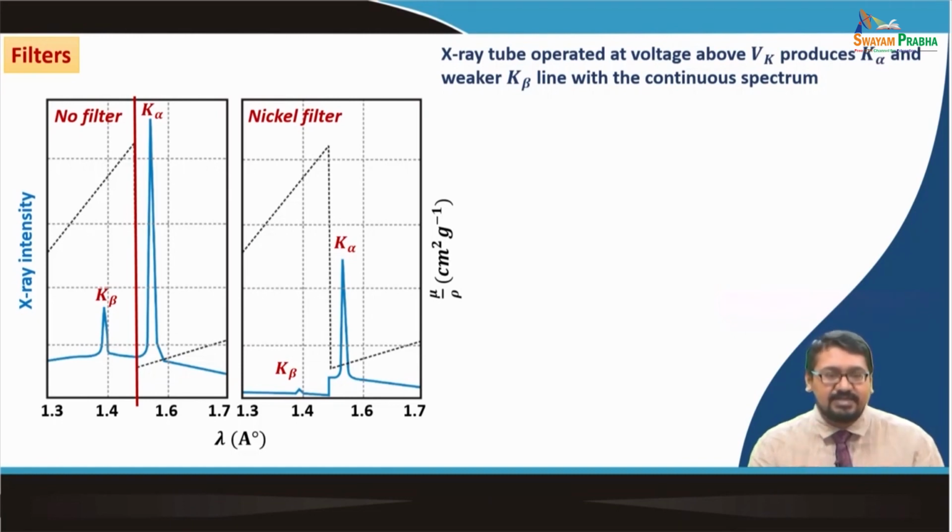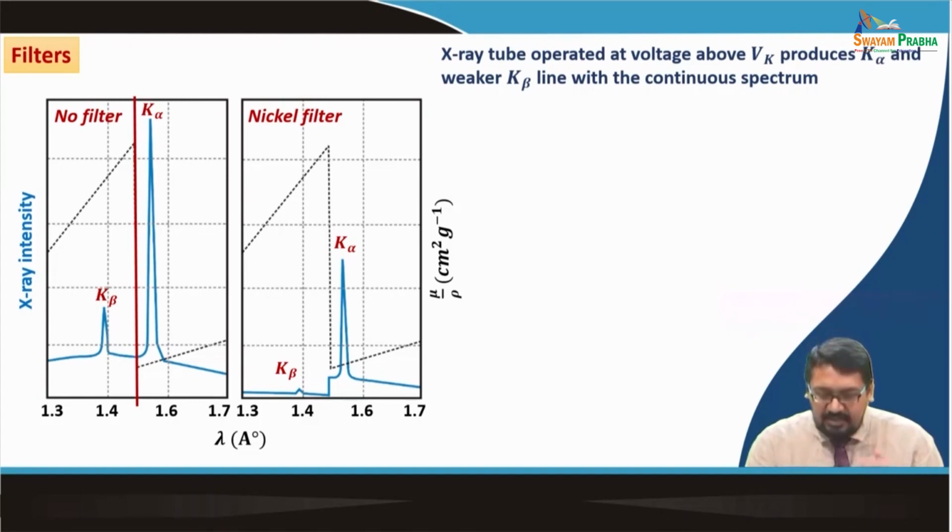And at a certain voltage, K alpha and K beta radiation starts to form, and as the voltage of that X-ray tube is increasing, the lambda SWL, that is short wavelength limit, is also decreasing. The intensity of K alpha and K beta is also keeping on increasing, but it is important to know that to do diffraction experiments, only a single monochromatic radiation, that is K alpha, is required, which has the highest intensity, whereas the K beta has to be removed.